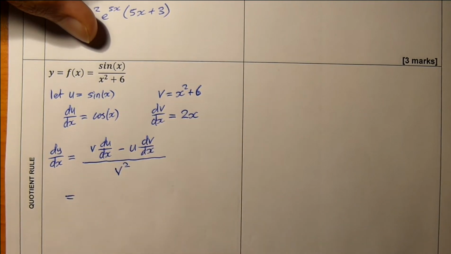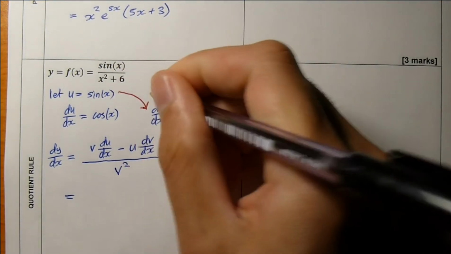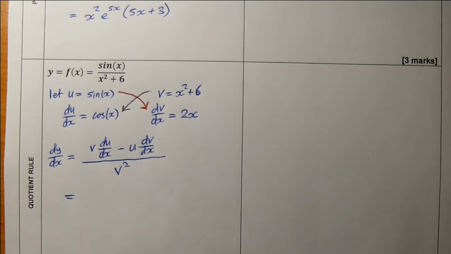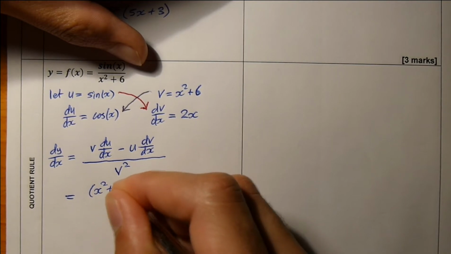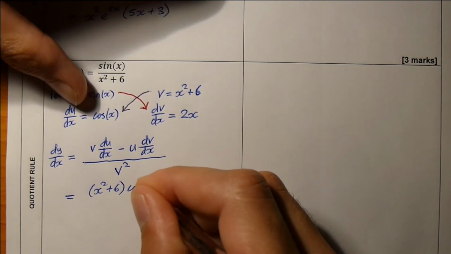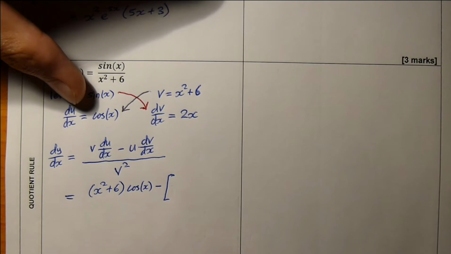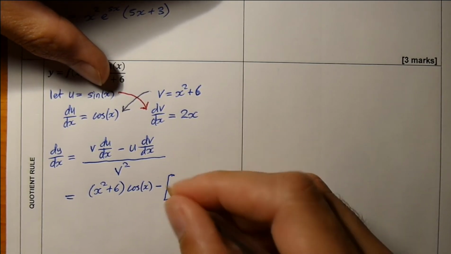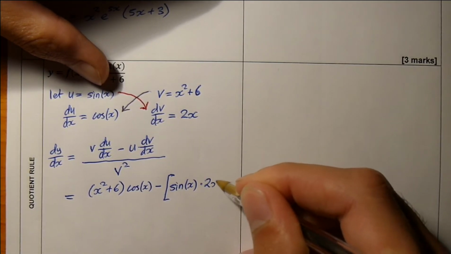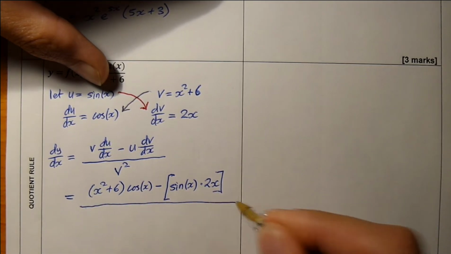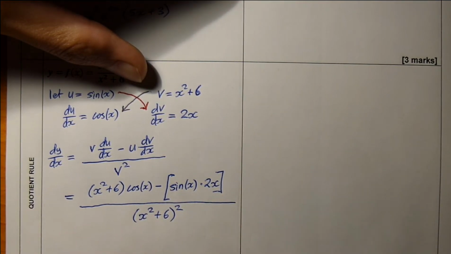So again, u dv/dx, and that v du/dx. So x squared plus 6, du/dx is cos x, minus, now just be careful with your brackets here guys, I like to put in these big square brackets because sometimes it's easy to forget a negative, so sin x times, in this case it won't matter too much, 2x, divided by the v squared, which is x squared plus 6 all squared.